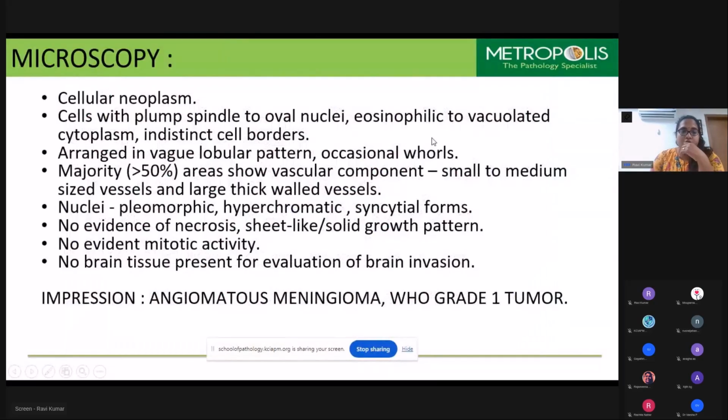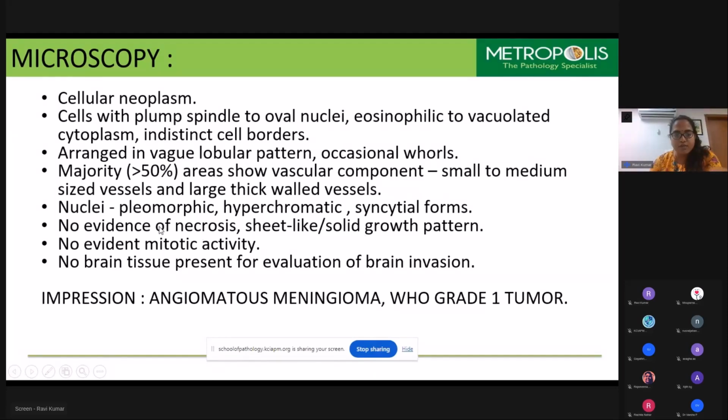Majority of the areas had a vascular component, with small to medium sized vessels and large thick walled vessels. The nuclei are pleomorphic, hypochromatic, with syncytial forms. Now coming to the negative findings, there was no evidence of necrosis, and no brain invasion was seen on evaluation.